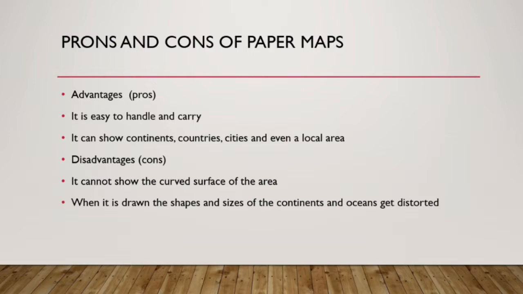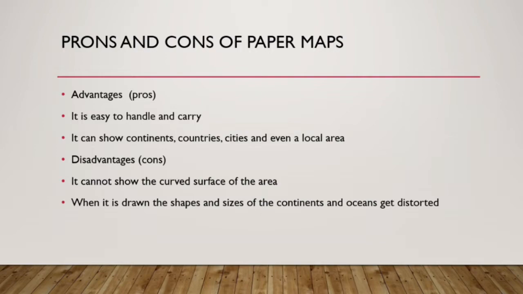They use this paper map because it's easy to carry, and also it's easy to handle, and it can show continents, countries, cities, and even a local area. So that's the advantage of a paper map. Its disadvantage is that it cannot show the covered surface of the area, and also when it's drawn, the shape and size of the continents and oceans get distorted.